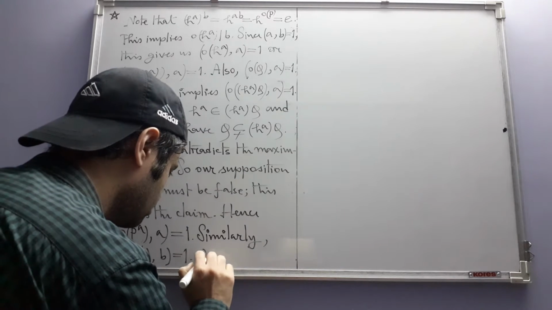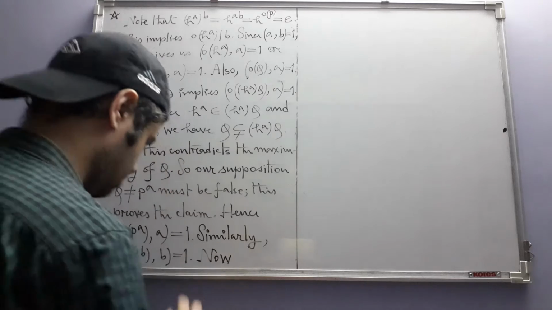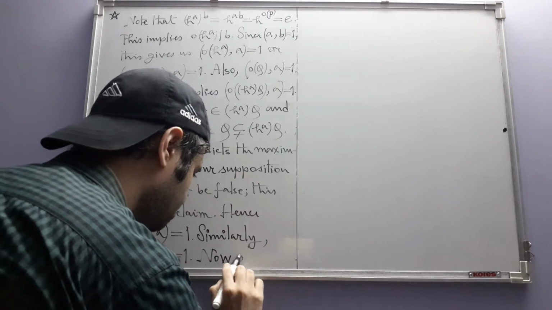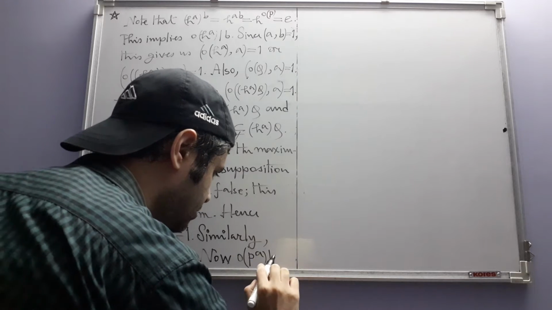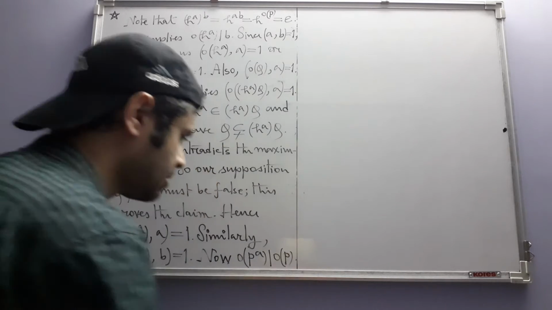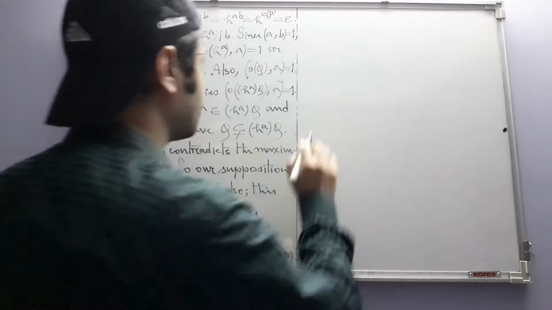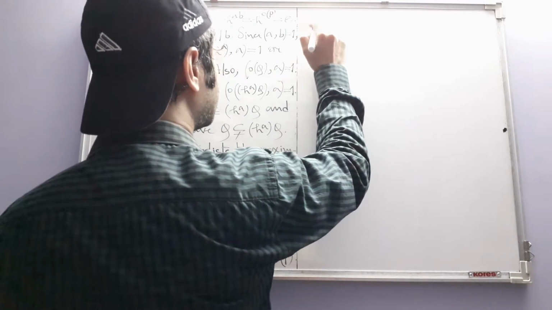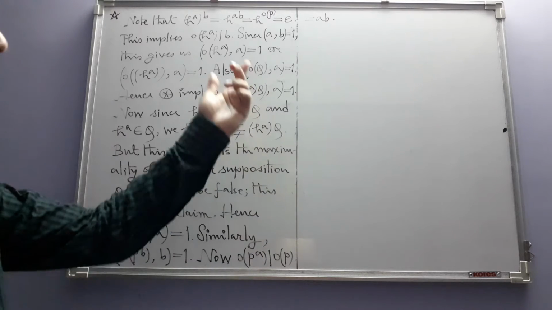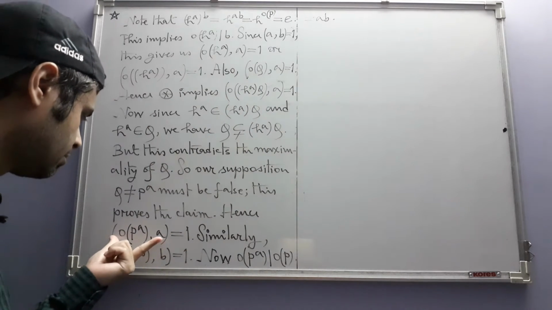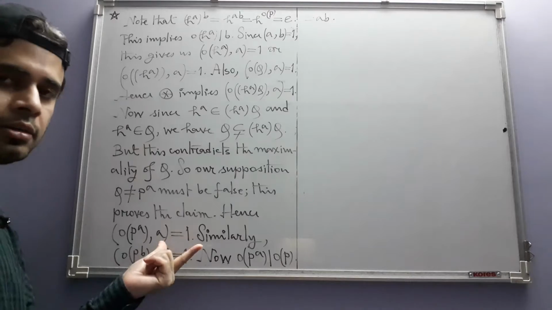Now, order of PA divides order of P because it's a subgroup, and order of P is equal to AB. So order of PA divides AB, and these two are relatively prime.